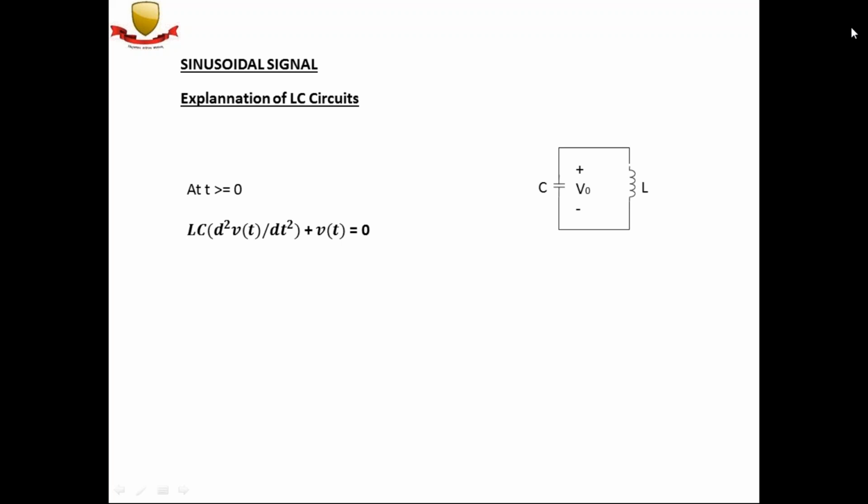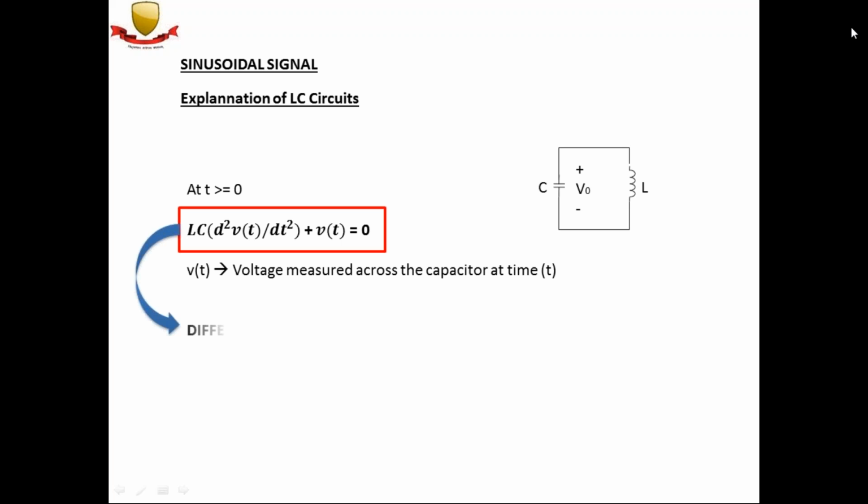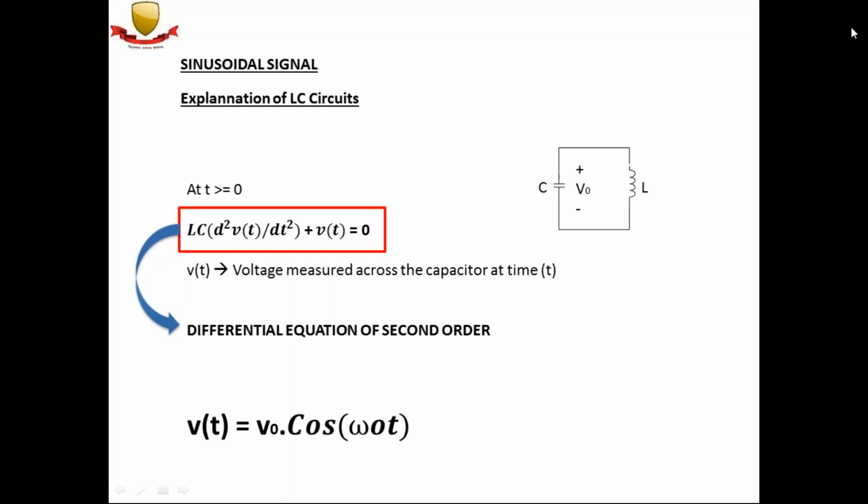This type of equation is called a differential equation of second order, where v(t) is the voltage measured across the capacitor at time t. Here C is the capacitance and L is the inductance. If we solve this equation, the result is something like v(t) equals V0 cos(omega0 t). Here omega0 is your natural angular frequency.